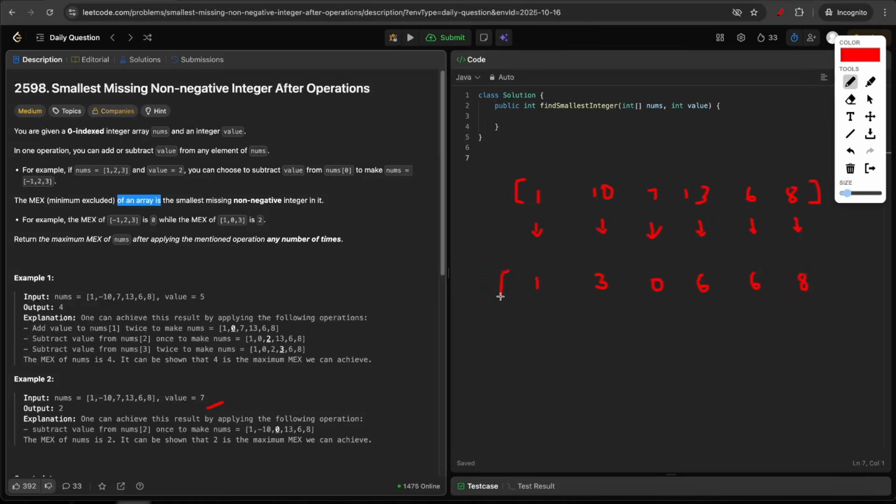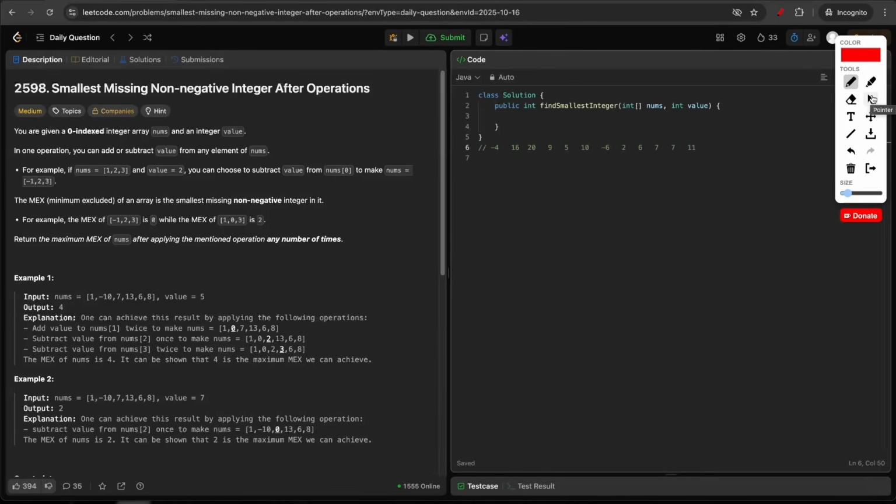So this is the final array we can form. And in this, the MEX will be 2. Because 0 is present, 1 is present, and 2 is missing. So 2 is the first non-negative integer that is missing from this array. So for this example, the answer is 2. Now let's go over the approach.